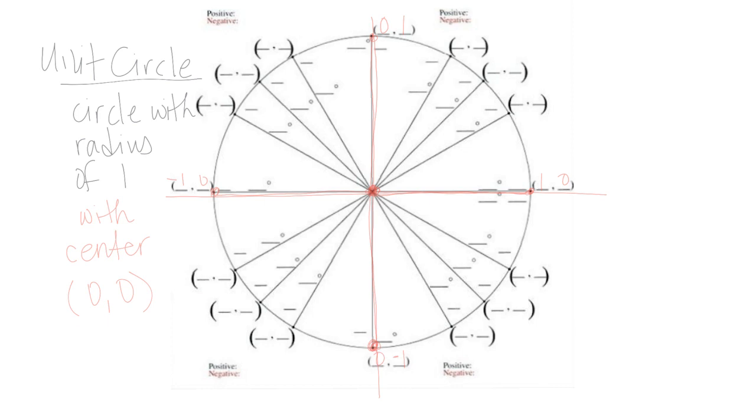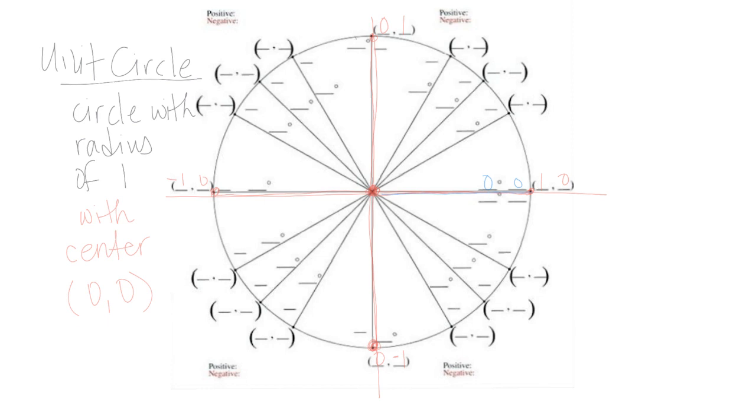Okay, and these points are going to correspond with these degree and radian values. So this is 0 degrees, right? We're going to measure these all in standard position. I'm going to use the positive x-axis as my initial side, and I'm going to go in the positive direction. So this is 0 degrees or 0 radians, and that has a terminal point of 1, 0 on the unit circle.